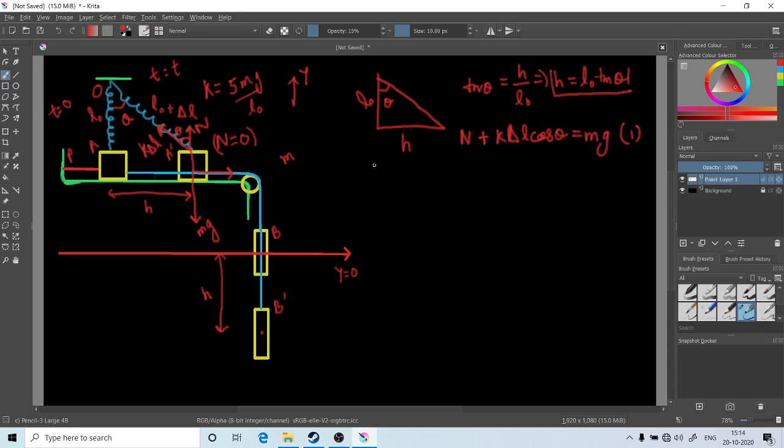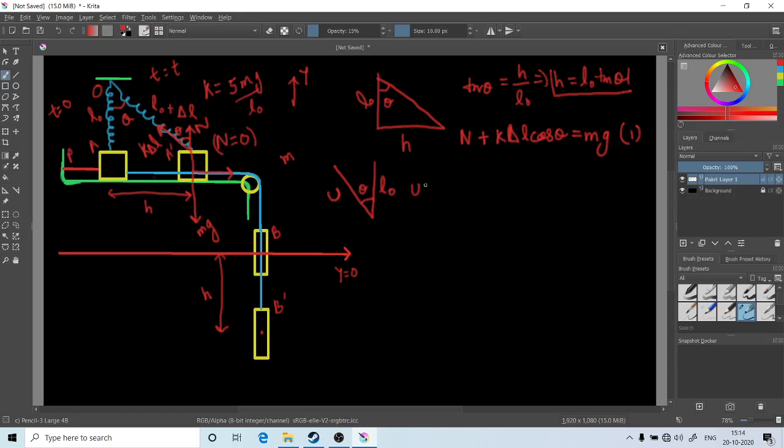Now another triangle forms. This triangle. Let's name the length of the elongated spring U, and this is L0, the previous length of the spring, and this is theta.